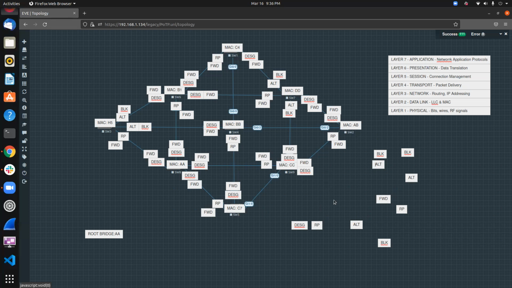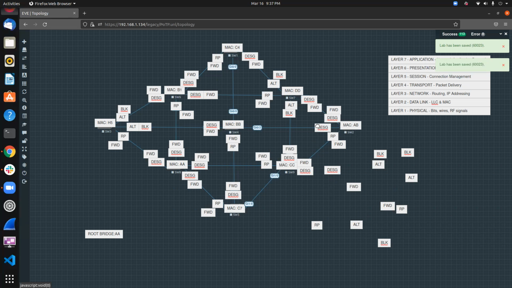Okay. I chose, let's just do it in order. Let's go to AB first, switch 2, and make that designated forward first, because let's go with lowest number first. So I'm in order. Okay. Why? Because again, the priority IDs are all equal.